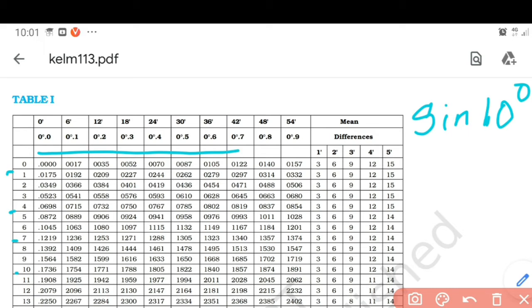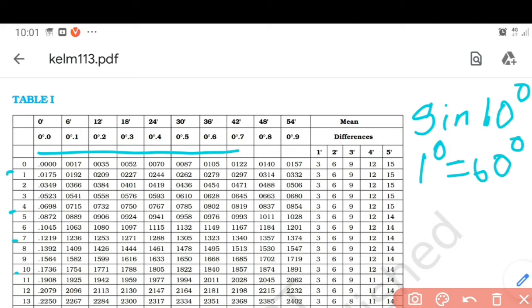You know 1 degree is equal to 60 minute. So that division is given there. That means for 0 minute, 6 minute, 12 minute, 18 minutes, 24 minutes, 30 minutes, like that, for certain minute values, the columns are there.